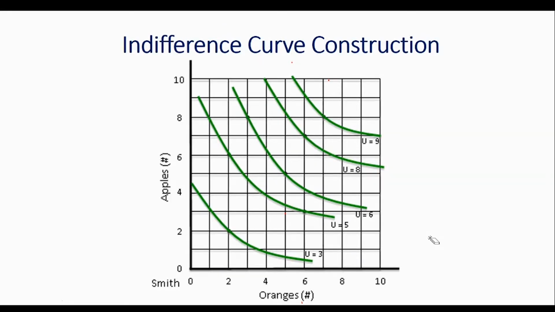But if I did ask you to draw them, all you have to do is to draw a series of lines that looks much like this with the curvature towards the origin. And that's going to represent some sort of set of preferences that match the assumptions that we're making about Smith's preferences. Okay? So, I mean, his indifference curves could look much steeper than this. They could look like this, for example. Still curved a little bit towards the origin, but not so much.